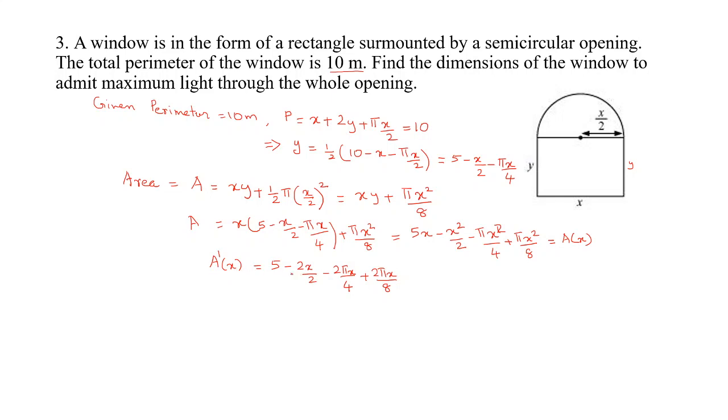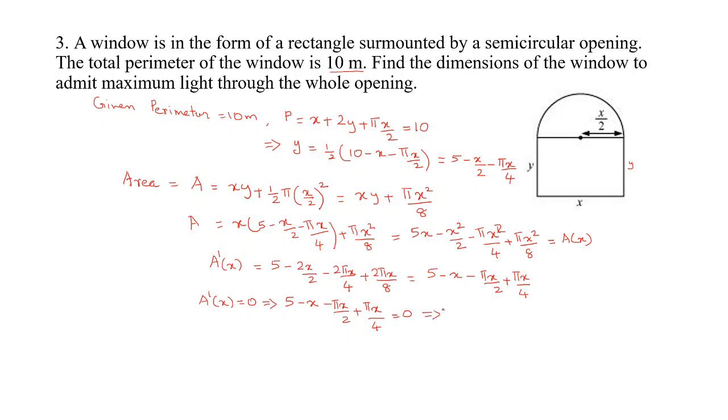A dash of x equals 5 minus x minus pi x by 2 plus pi x by 4. Now to find the critical point, A dash of x equal to 0. That implies 5 minus x minus pi x by 2 plus pi x by 4 equals 0.